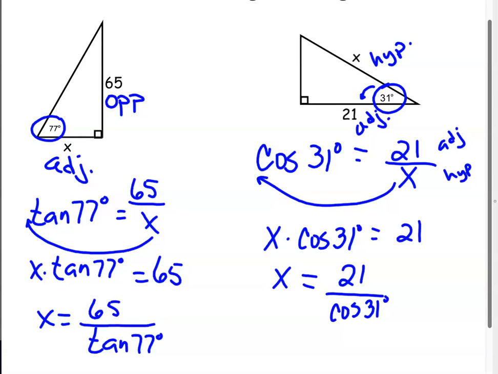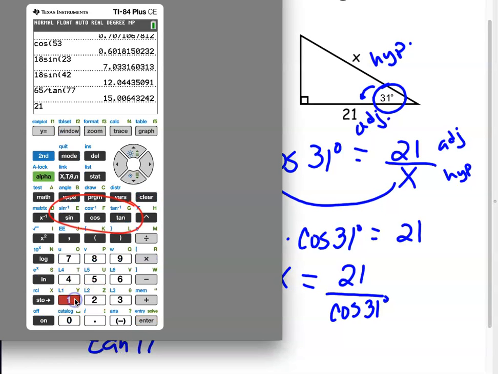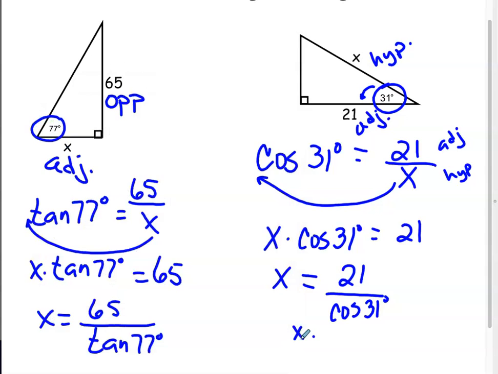So we need 21 divided by the cosine of 31. We should have 24.499. All right, questions on that?